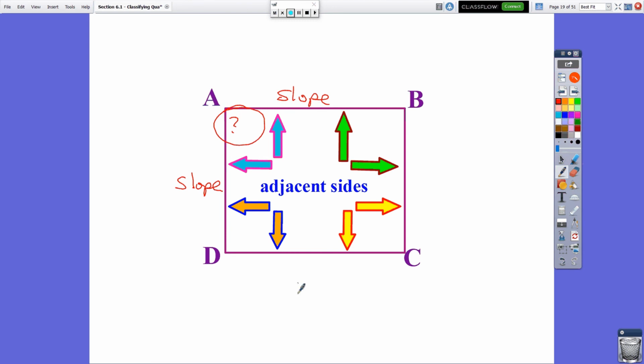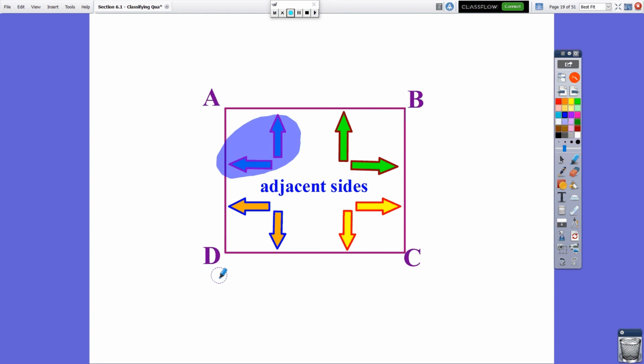So we will look at opposite slopes for parallel lines, and we're going to look at adjacent slopes to determine if two sides are perpendicular to each other. Now, in terms of perpendicular, there might be 4 potentially 90-degree angles here. So that means we could be looking at, let's say, these two adjacent sides. Well, here, let me just do this.